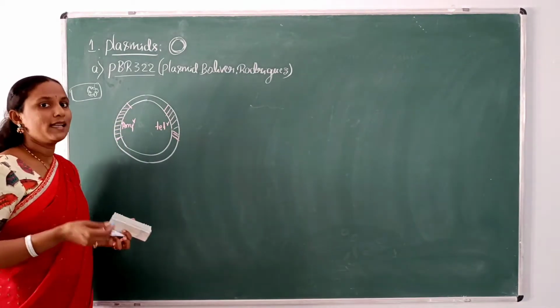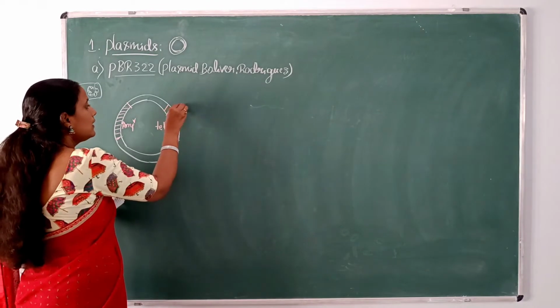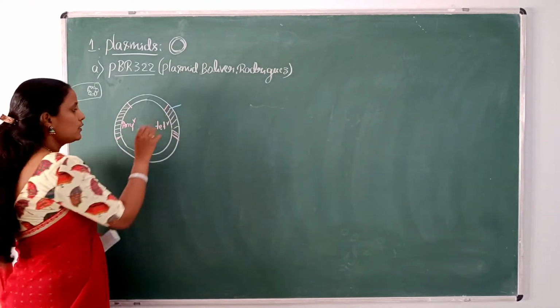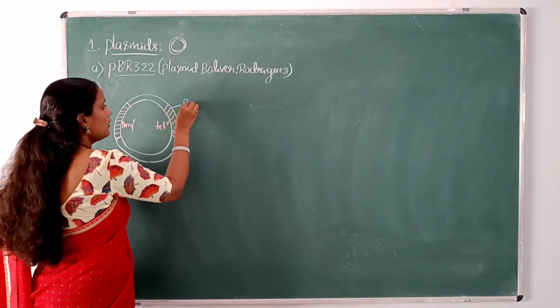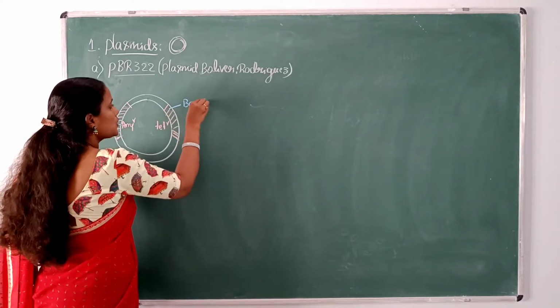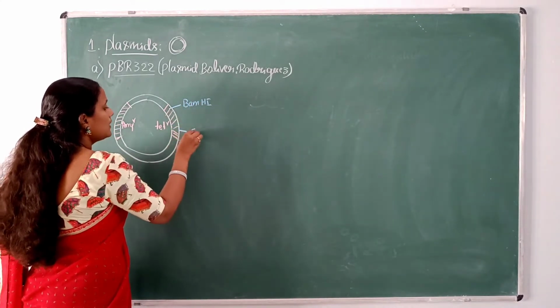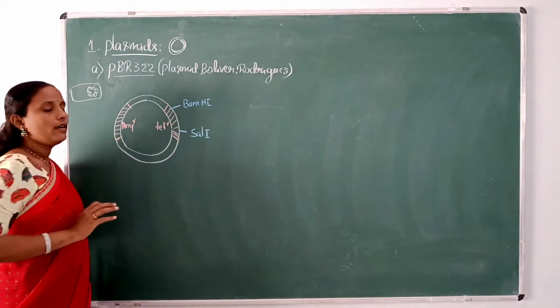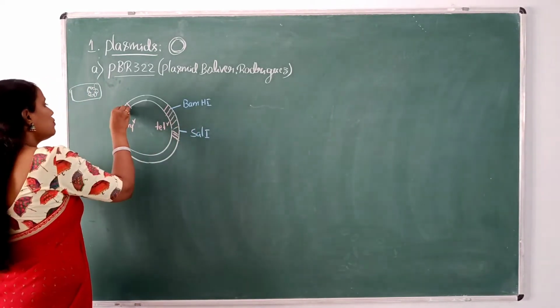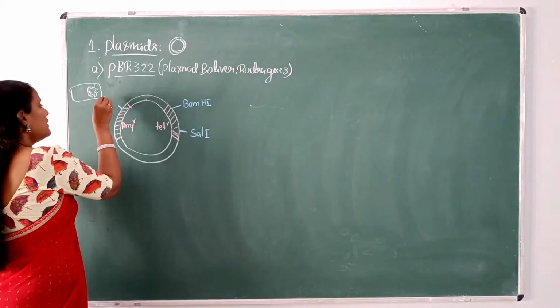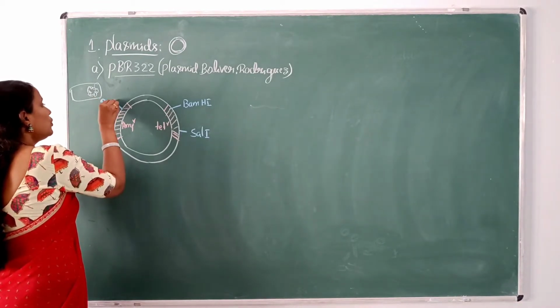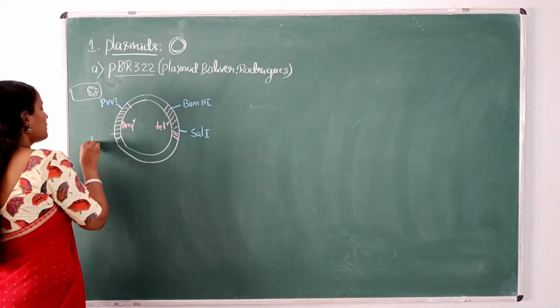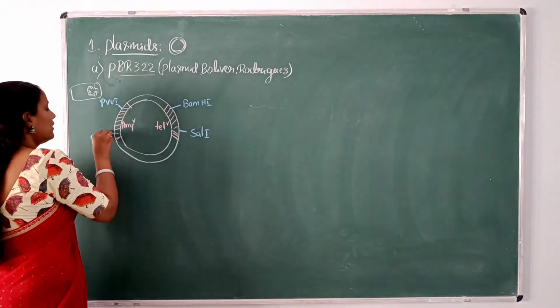And of course, multiple cloning sites are present. There are two cloning sites present on the tetracycline resistance gene, BamHI and SalI. Likewise, on the ampicillin resistance gene, there are two sites, PvuI and PstI.